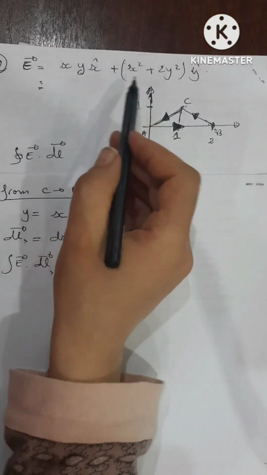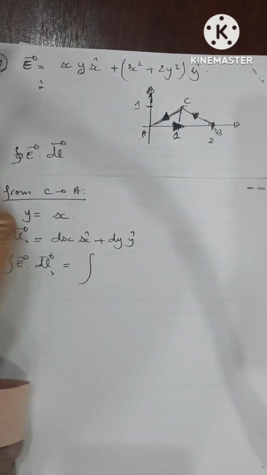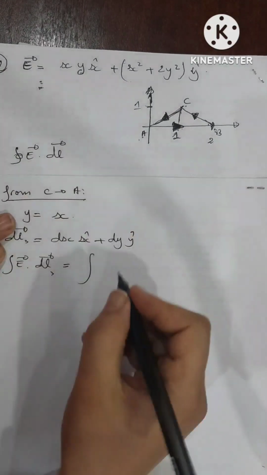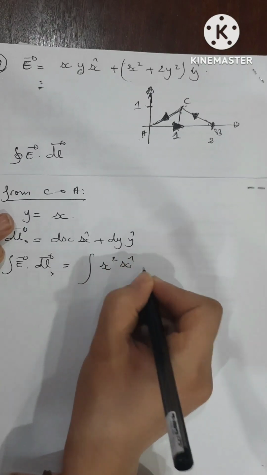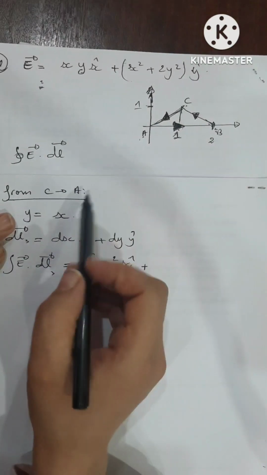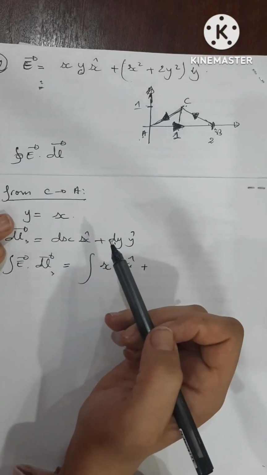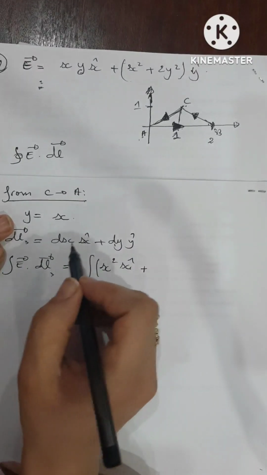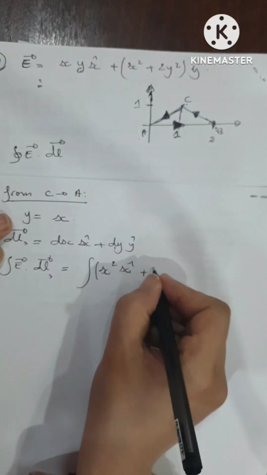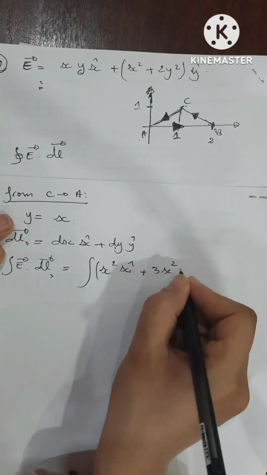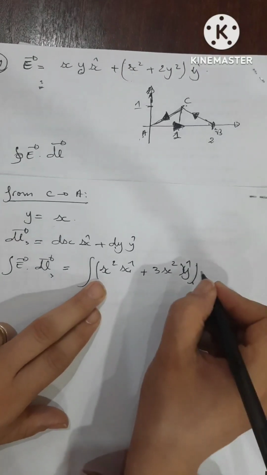What about E? With E we put x instead of y, so x squared in the direction of x plus x squared plus 2x squared is 3x squared in the direction of y.